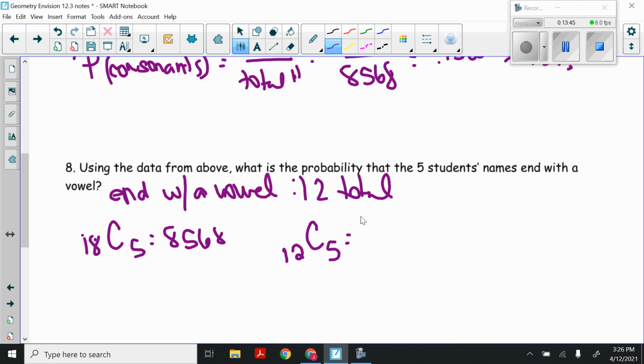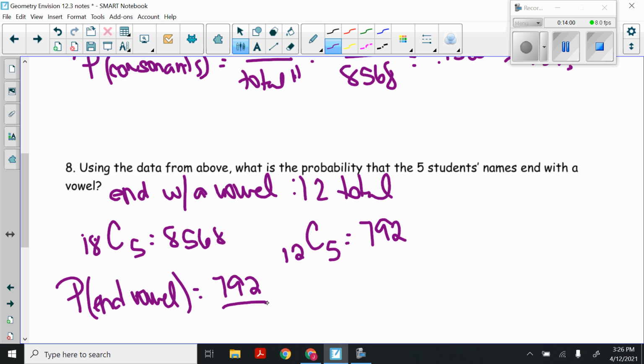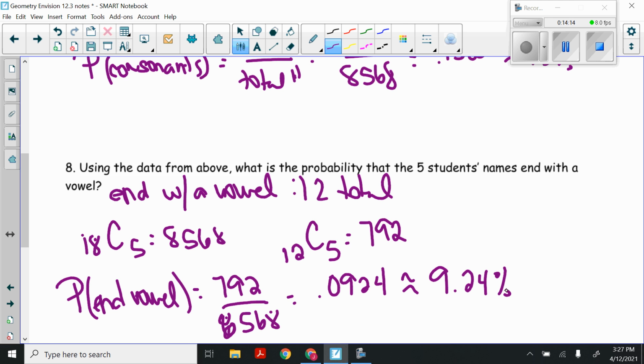It's a combination, again, because the order doesn't matter. My calculator tells me that's 792. So the probability that they end with a vowel is 792 over the total outcomes, 8,568. Divide that out, and we get 0.0924, or approximately 9.24%, for 5 students' names randomly chosen that end with a vowel.